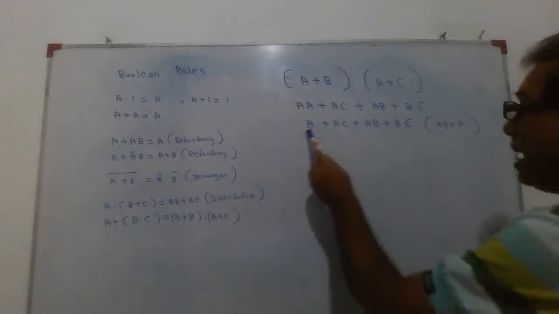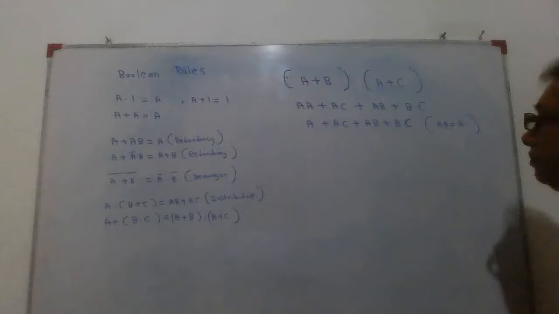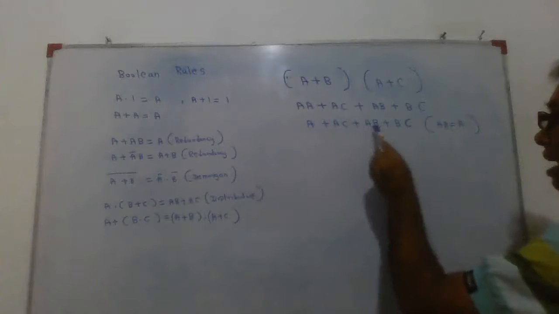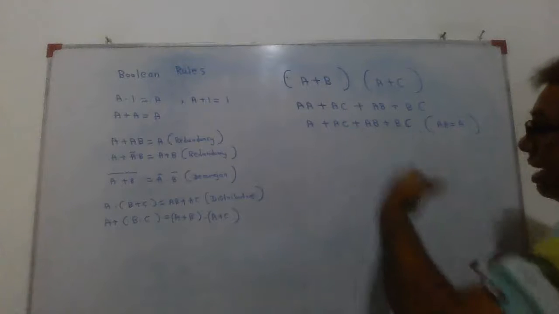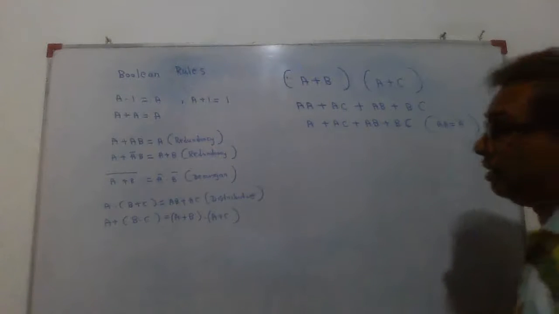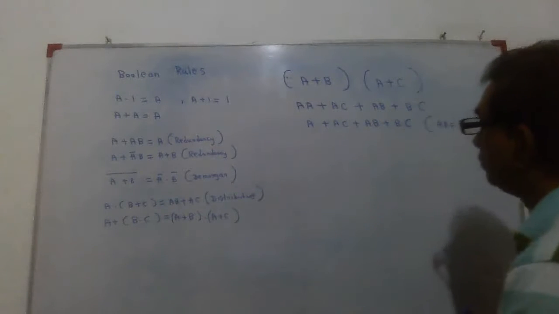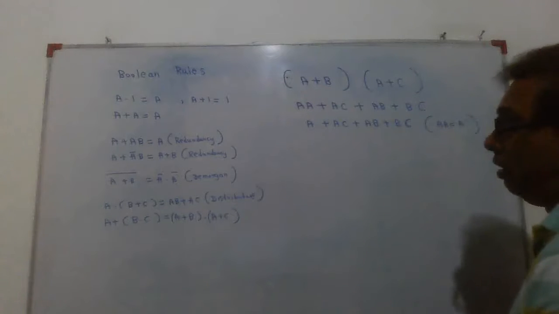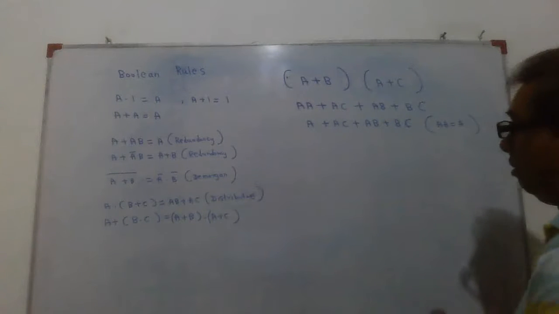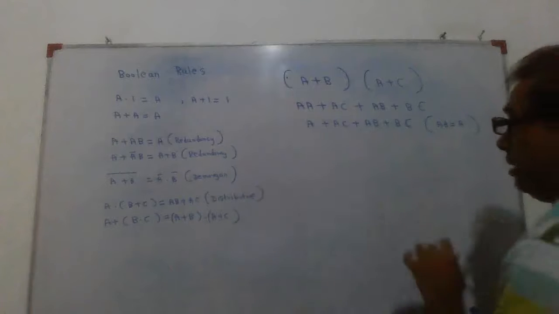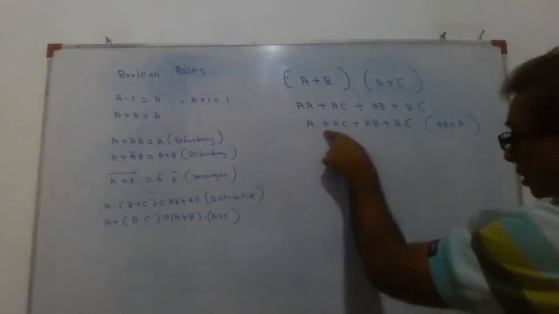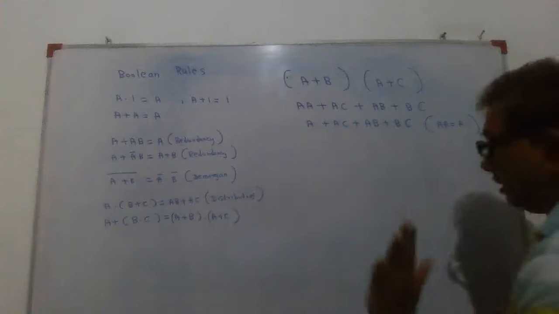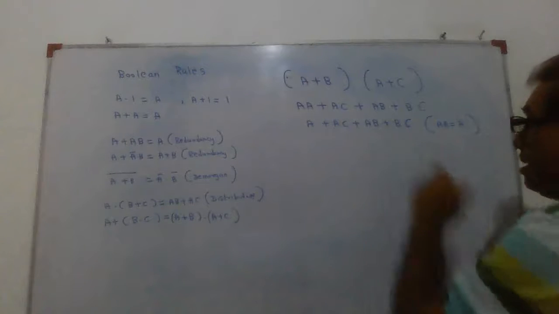Here we see A or A and C, A or A and B. Now A or A and C means a different idea here, but directly you can get it.